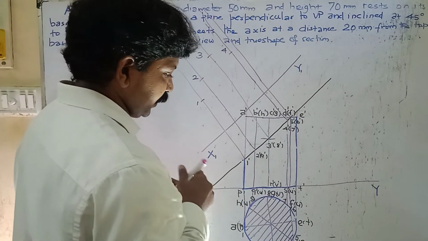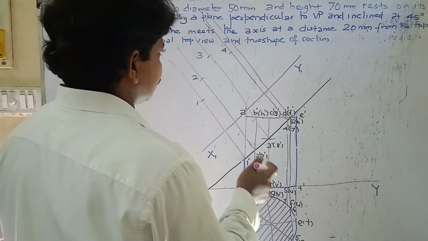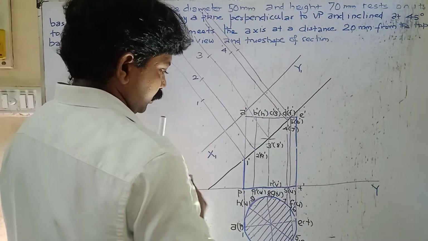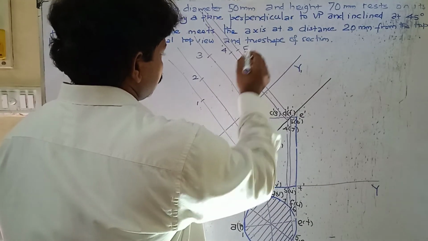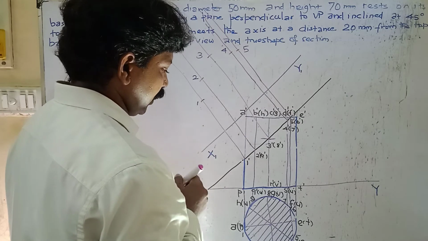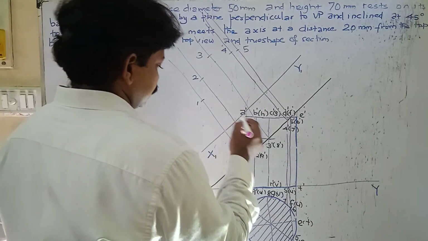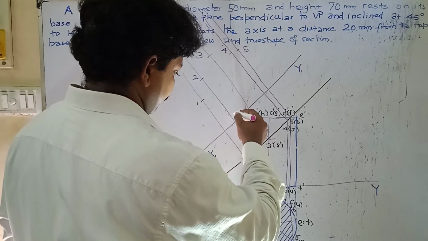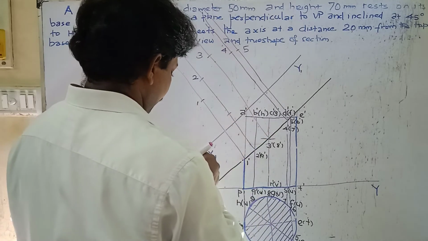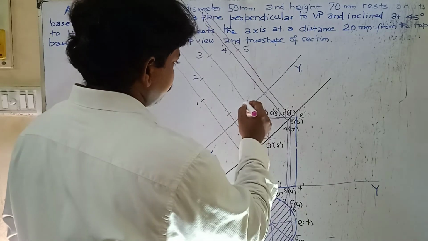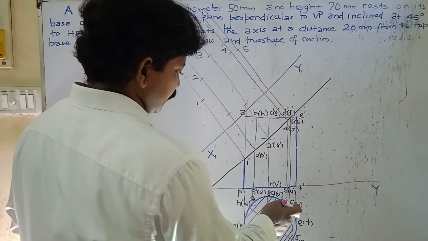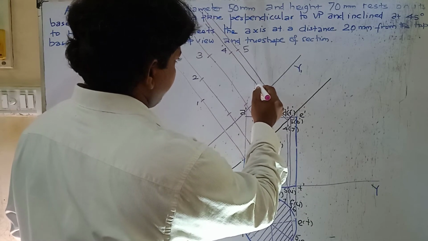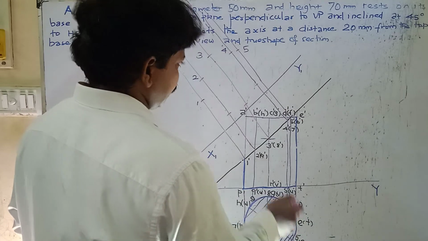XY axis to point 5 distance as radius, draw the arc, mark the point 5. Similarly, mark the points 6, 7, 8, 9.